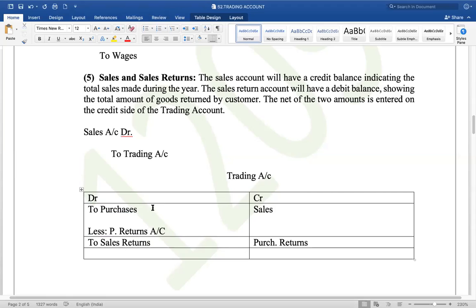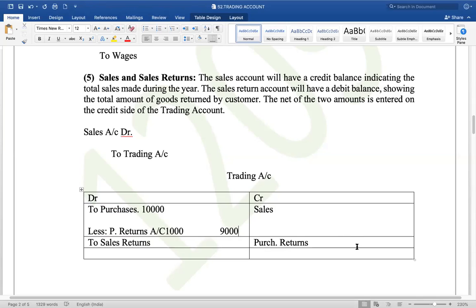So let's say purchases are 10,000, then purchase returns are 1,000. The net is 9,000. That's it. This is how you have to write.